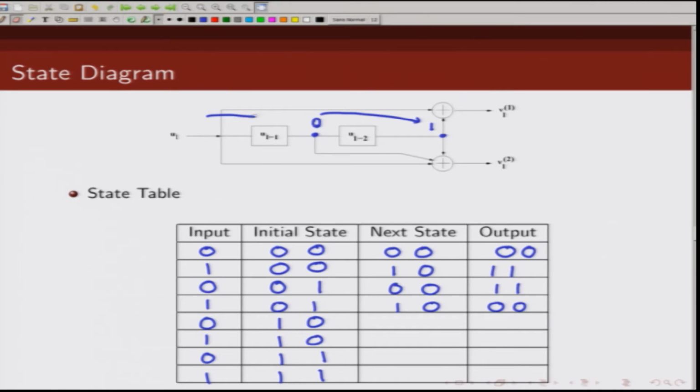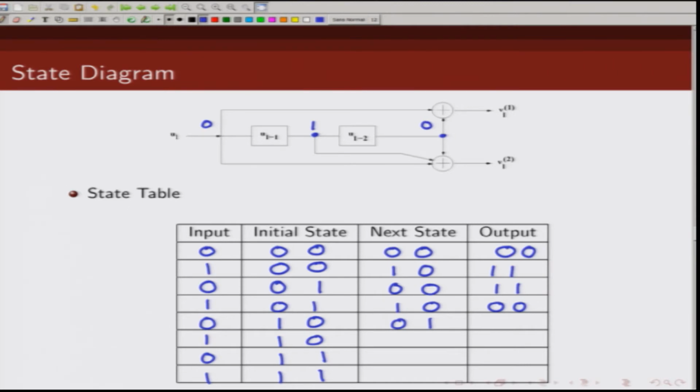Now, let us look at another case. So, next you have initial state 1 0. Initial state 1 0, if the input is 0, then the next state will be 0 1 and what is the output?